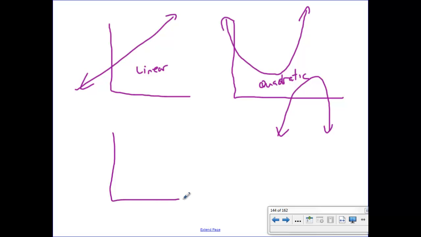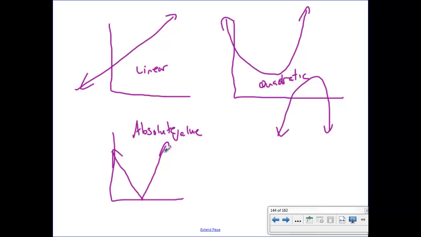Another graph I need you guys to know about looks like this, the one we just did on the pool question. It's the V, and that's the absolute value. What sort of real-world scenarios fit absolute value graphs? Anything that bounces is a really good example. So pool table, air hockey table.